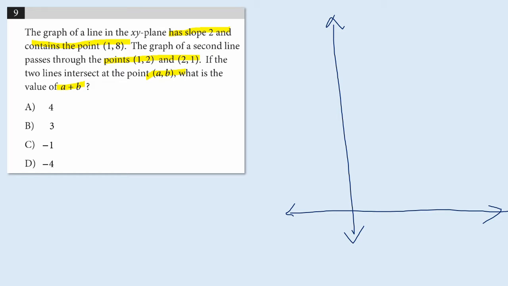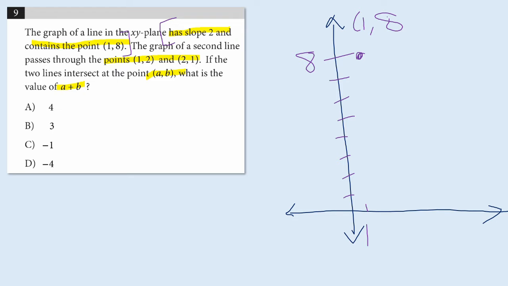So let's look at the first equation. So I know it contains the point (1, 8). So there's 1, 2, 3, 4, 5, 6, 7, 8, and there's 8. So let's just draw this really roughly, and that's the point (1, 8).